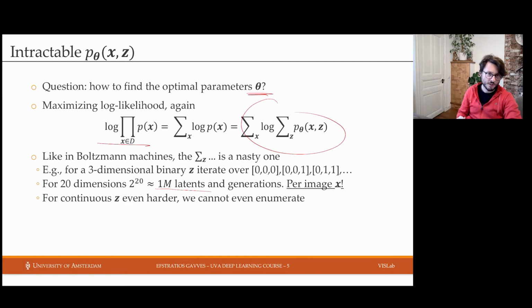That stands for a huge amount of computation that is not tractable. It's not easy to handle, and things become even more complicated when we have a continuous variable z, because in that case we cannot enumerate over all possible instantiations of z. In that case, we have to take an integration, and integrals make things even more complicated usually.